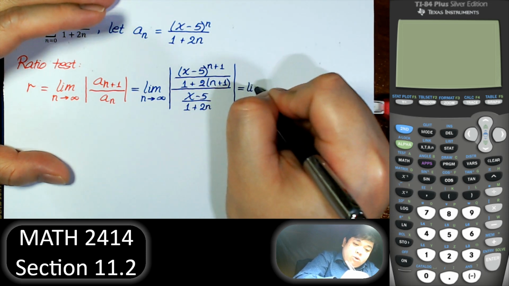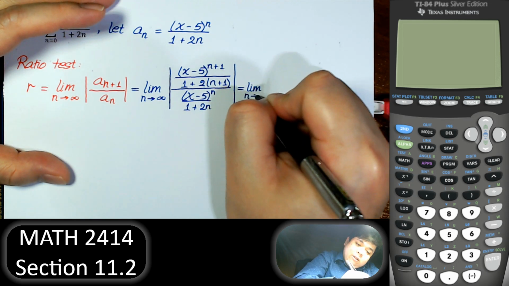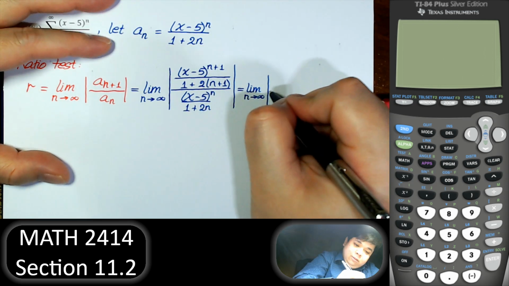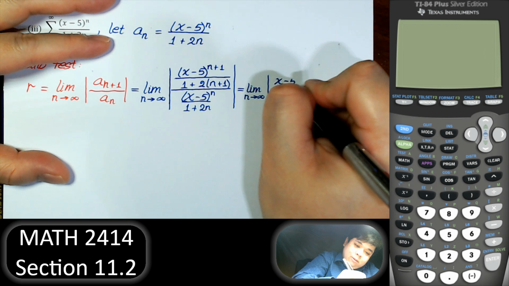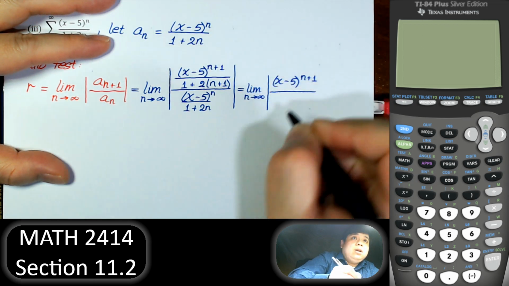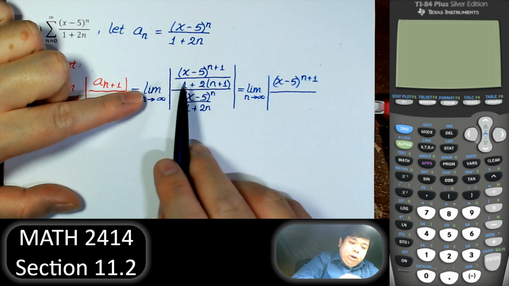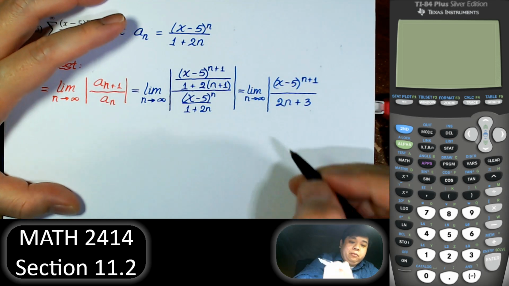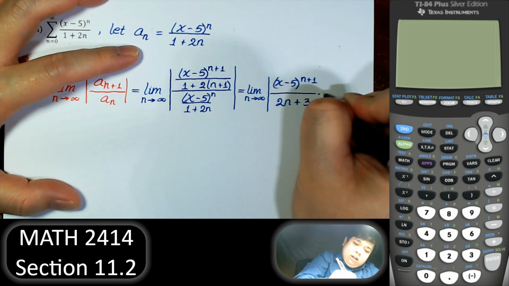Dividing a fraction is multiplying by the reciprocal. I forgot the n power. And this one will be 2n plus 2. 2 and 1 is 3, so we can write 2n plus 3. Right? 2n plus 2, 2 and 1 is 3. Multiply by the reciprocal.